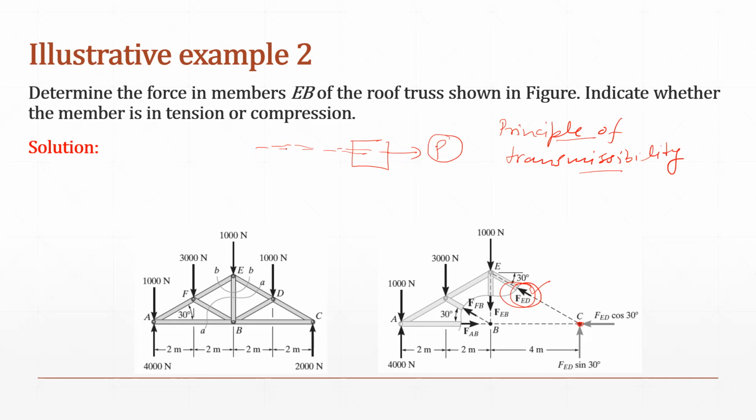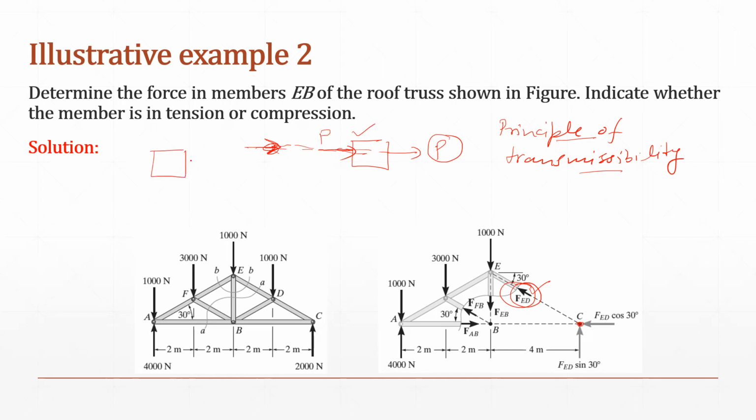So along the line of action, at any point, if I want to replace this force by this force which has the same magnitude but is at some other place, along the same line of action, then we call this the principle of transmissibility.